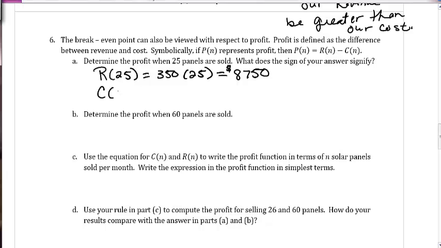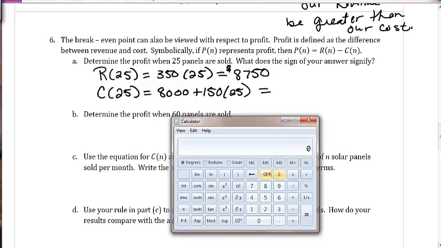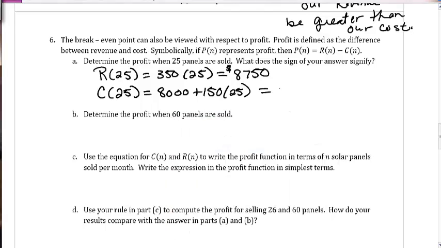And then calculate C of 25, and that's going to be 8,000 plus 150 times 25. So do the multiplication first. Remember, you have to follow order of operations. So 150 times 25, and then add on to that the 8,000. And we get 11,750.